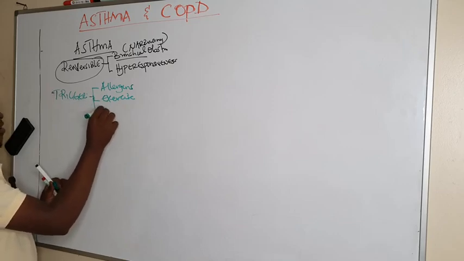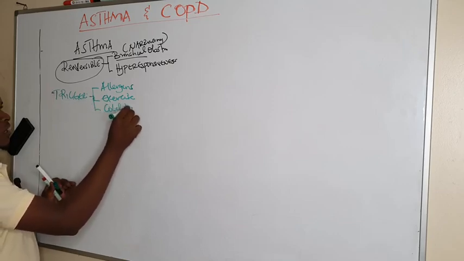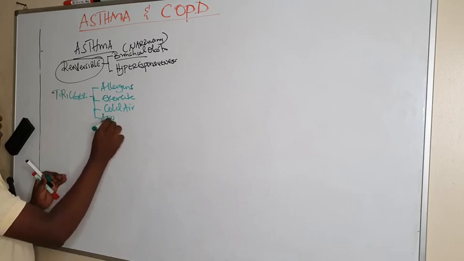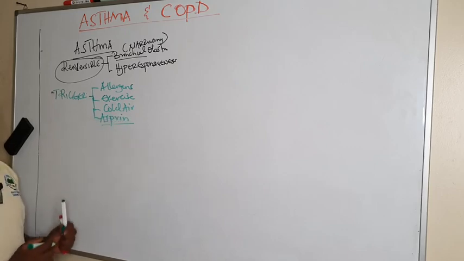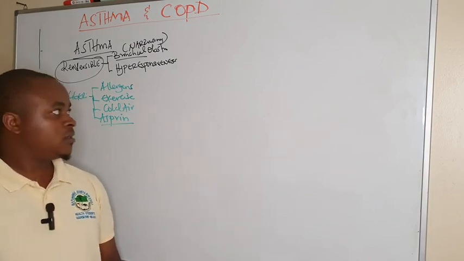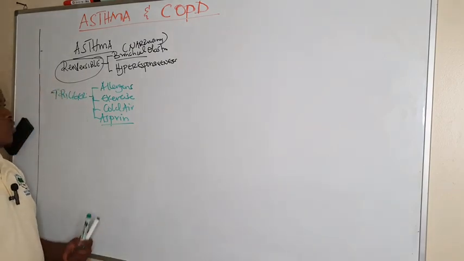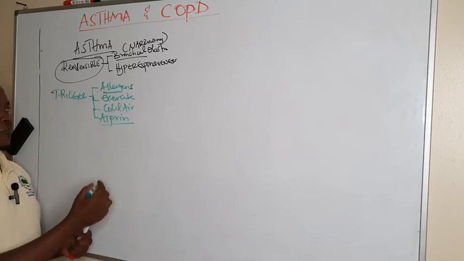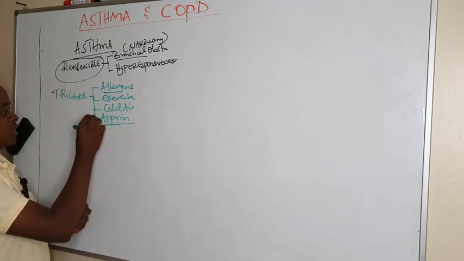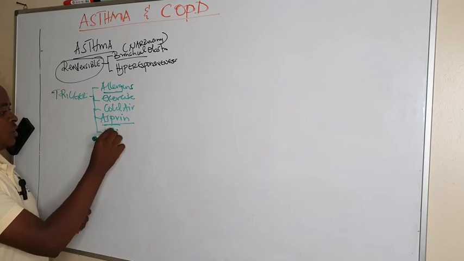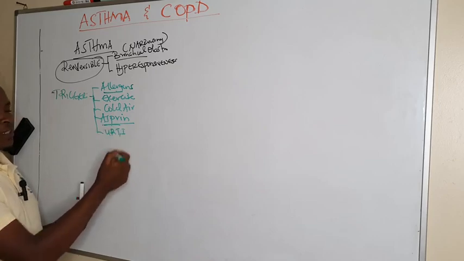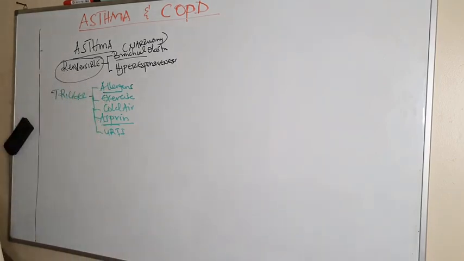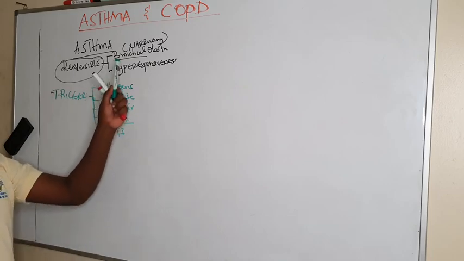We can see cold air, breathing in cold air during coldness. We can see aspirin-induced asthma when someone is on treatment of aspirin. And many other causes can result in this. So exercise, allergens in the environment, and certain upper respiratory tract infections such as viruses can trigger episodes of asthma, which can trigger this narrowing.